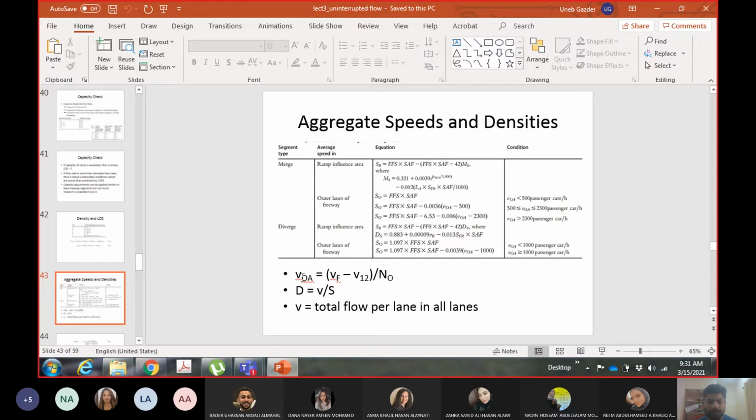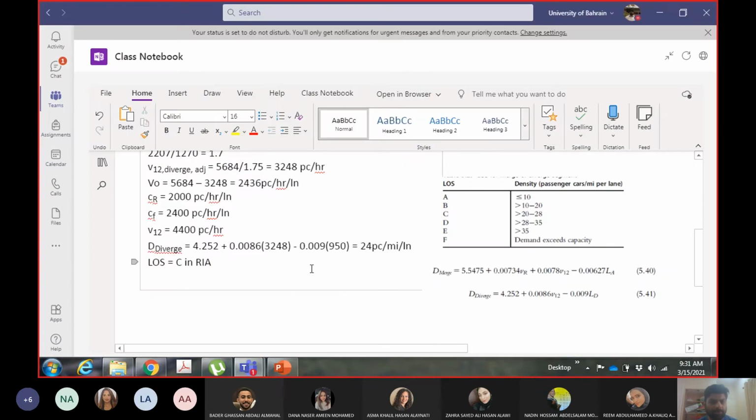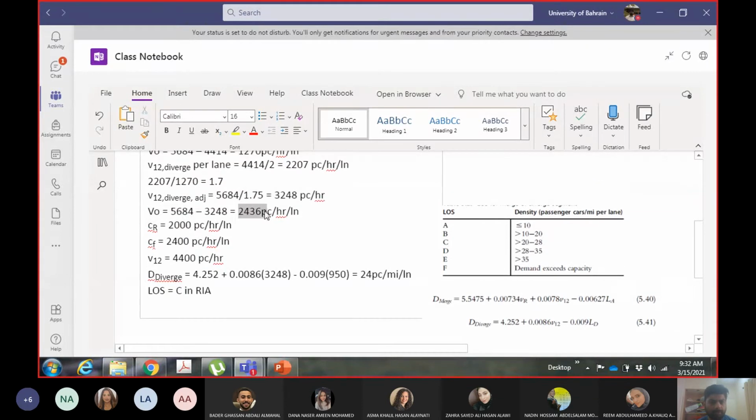We already have the VOA value. I don't have to divide by the number of outer lanes because the number of outer lanes is only 1. So this is VOA.